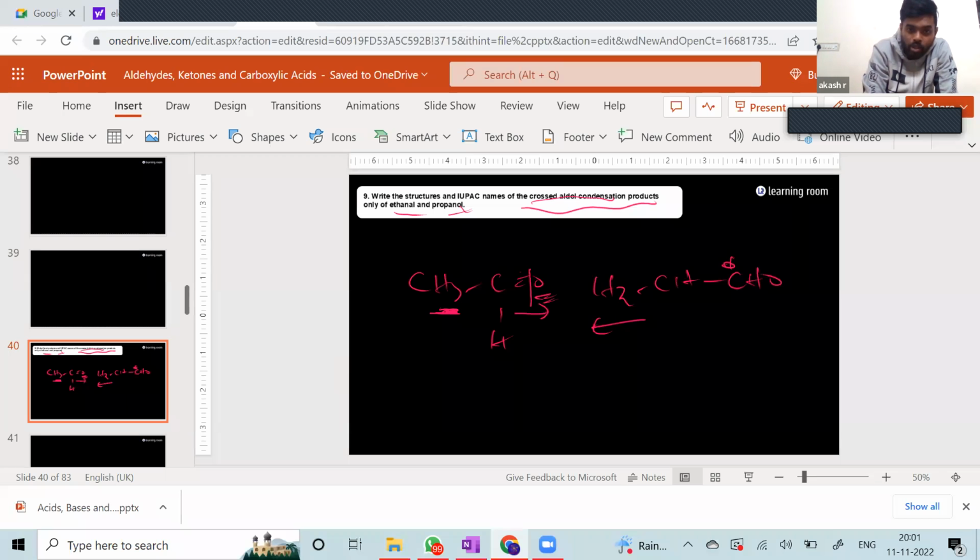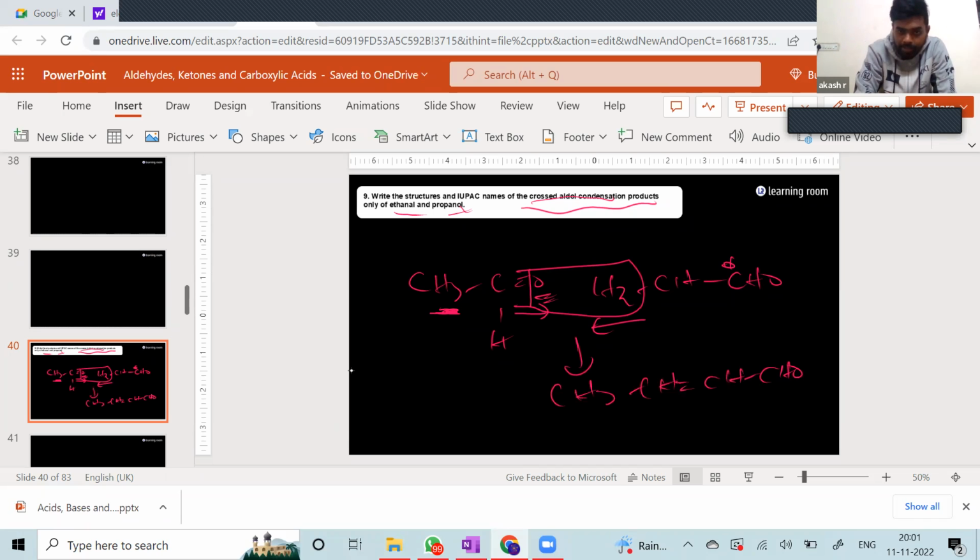Then you can easily remove H2O to form the final product CH3, CH double bond CH, CHO. This would have been the self-aldol product. The same way I can go for propanal also, but instead of this hydrogen I would have had one CH3 also. CH3, CH2, CHO it would have been.